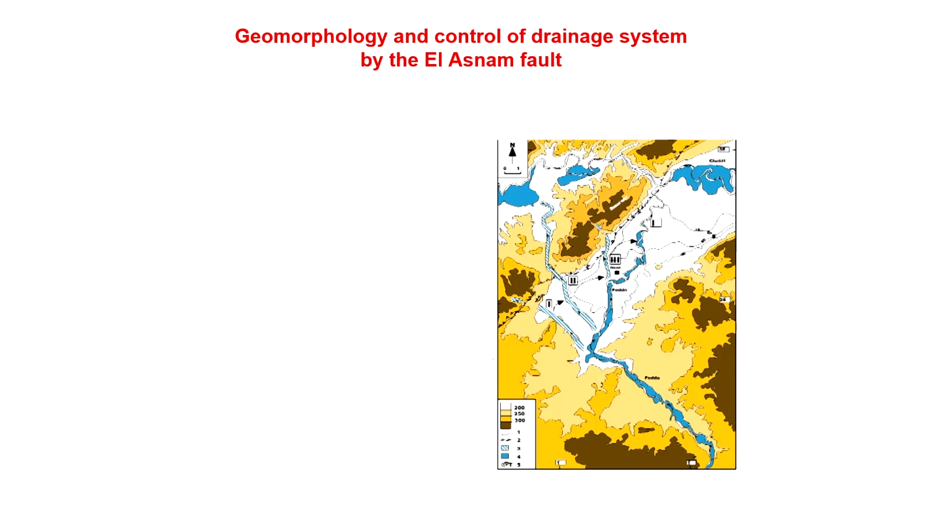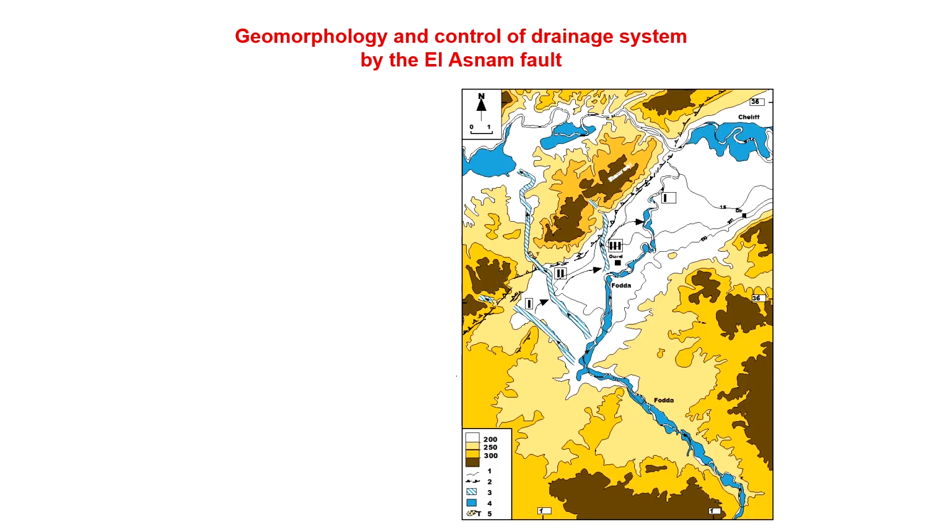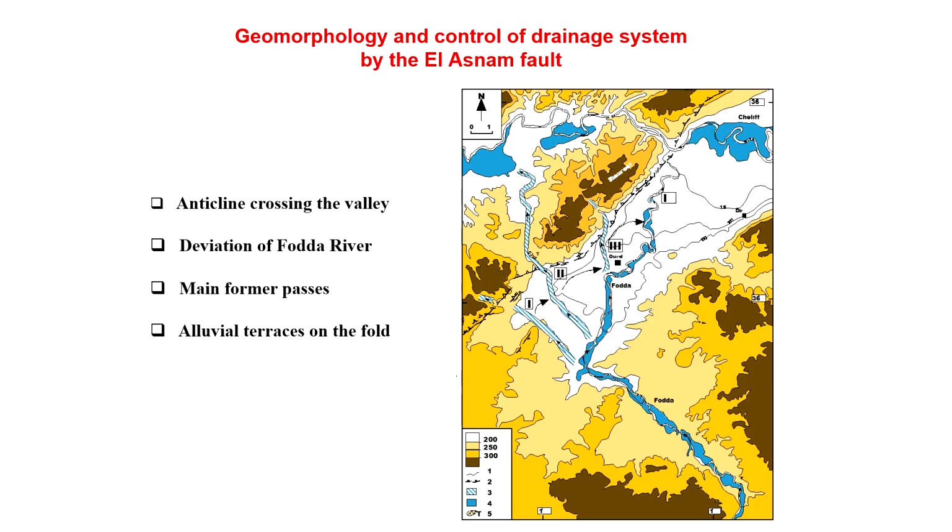So geomorphologically, there is control of the drainage system by the anticline. This is what they identified in other areas also, that there was some sort of deviation of the streams, and that was your Fuda river also, that got deviated because of the formation of the anticline.